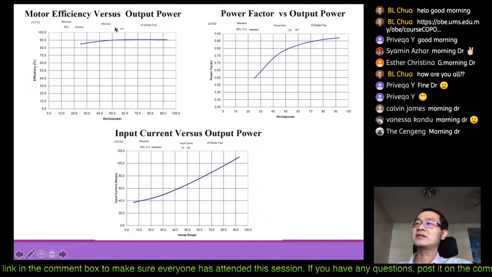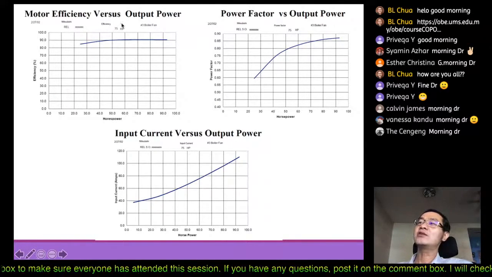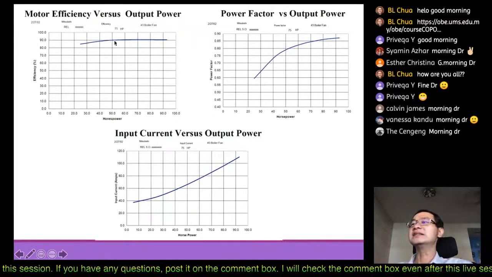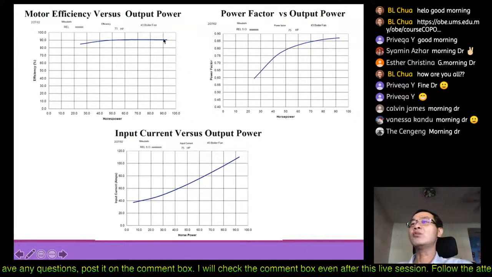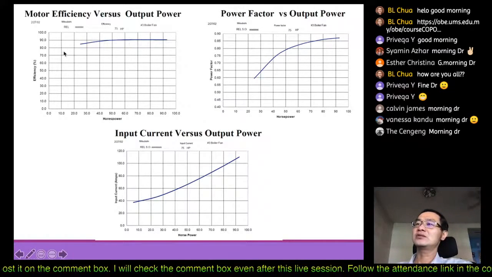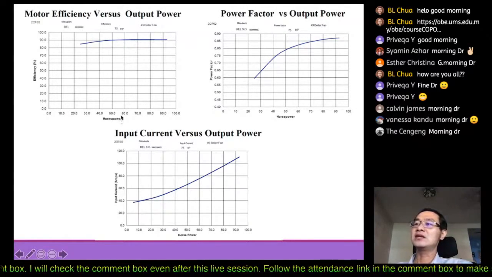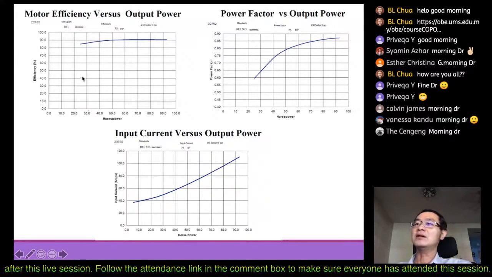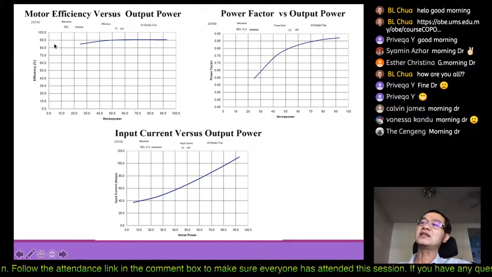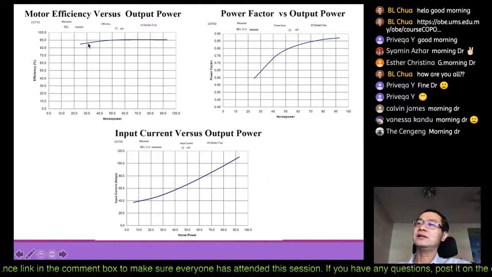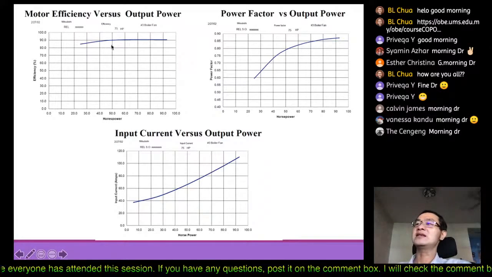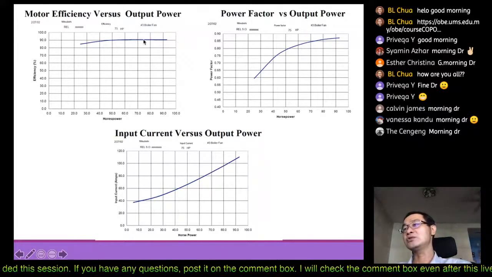For a rated 75 horsepower motor, it actually can produce different horsepower. Why is it like this? If we intend to give it maybe 30 horsepower, the efficiency actually drops. Then when the horsepower increases, the efficiency increases, and then it will start to drop again.